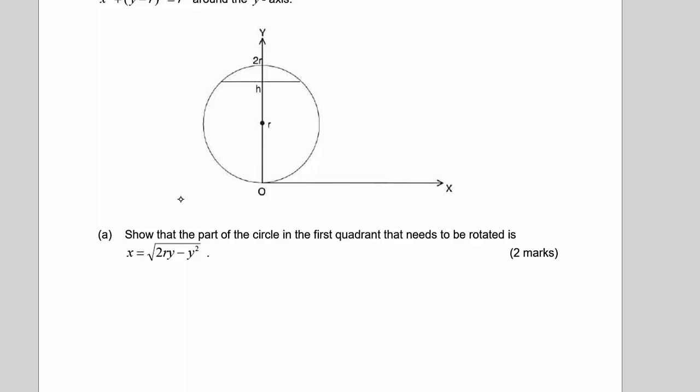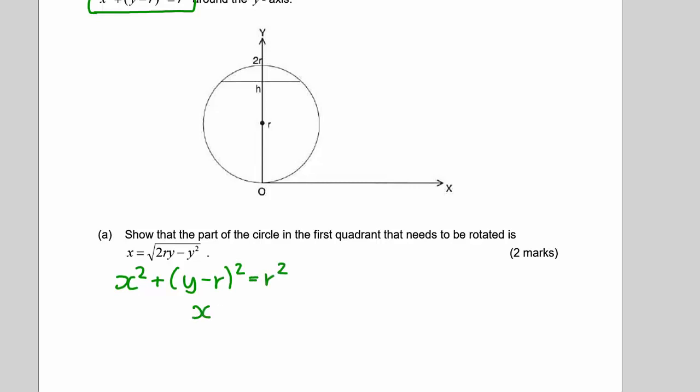Okay, so this is I would say a fairly nice one. We know that the equation is up here. They've already told us that, which is very nice of them. So we know that x squared plus (y minus r) all squared equals r squared.